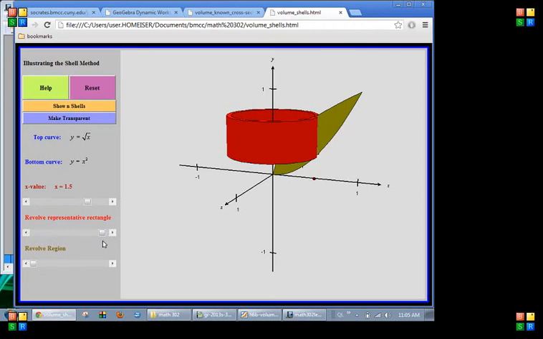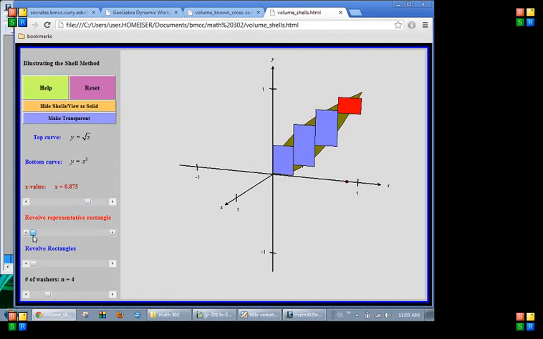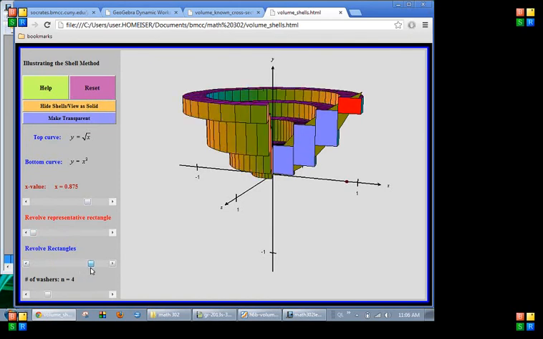Now, what happens when you revolve all of them? You get a whole bunch of these. We call them shells. So it's like the shell, like the outside of a cylinder.